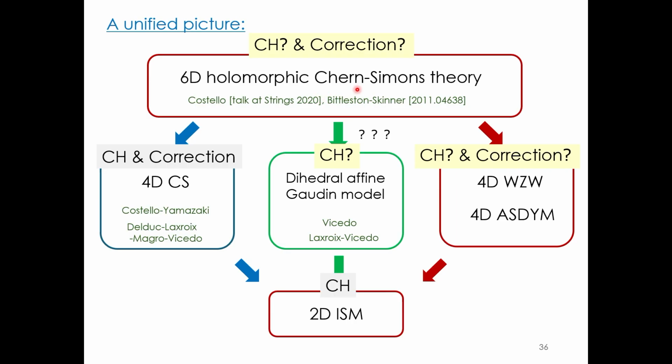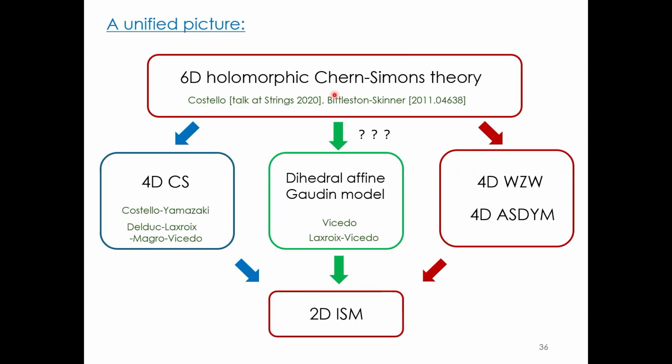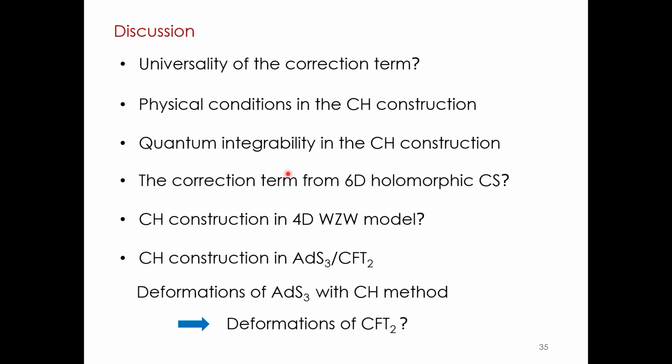So in this sense, it should be better to consider six-dimensional holomorphic Chern-Simons theories to study the origin of the correction term.